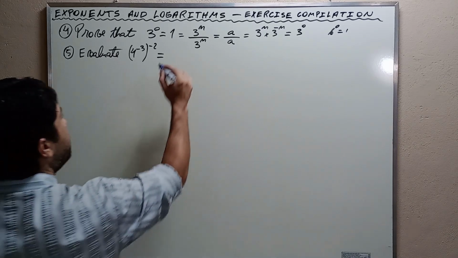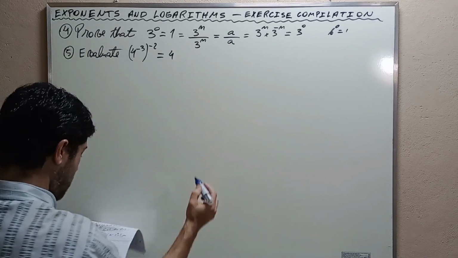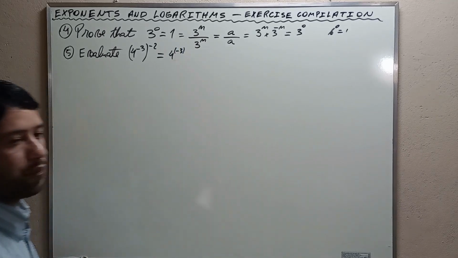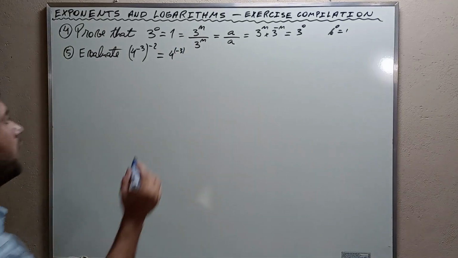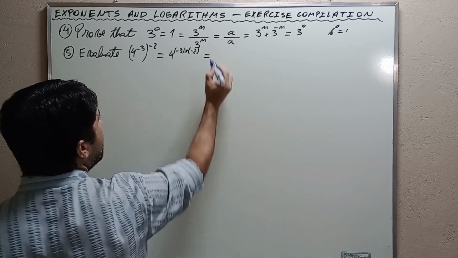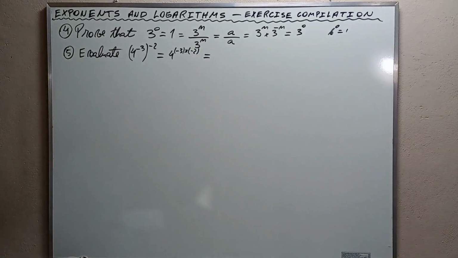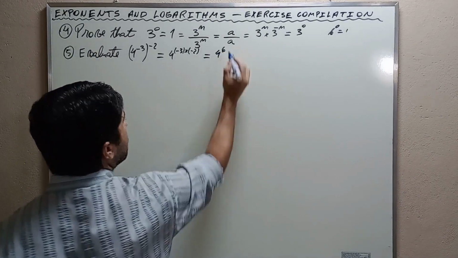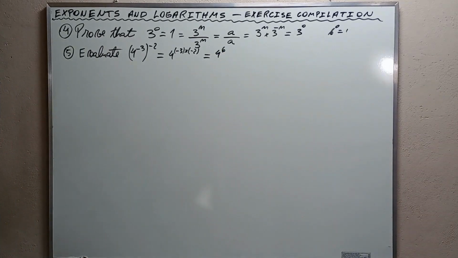It is going to then be 4 raised to the power of negative 3 times negative 2. And then it results in 4 to the 6th power.